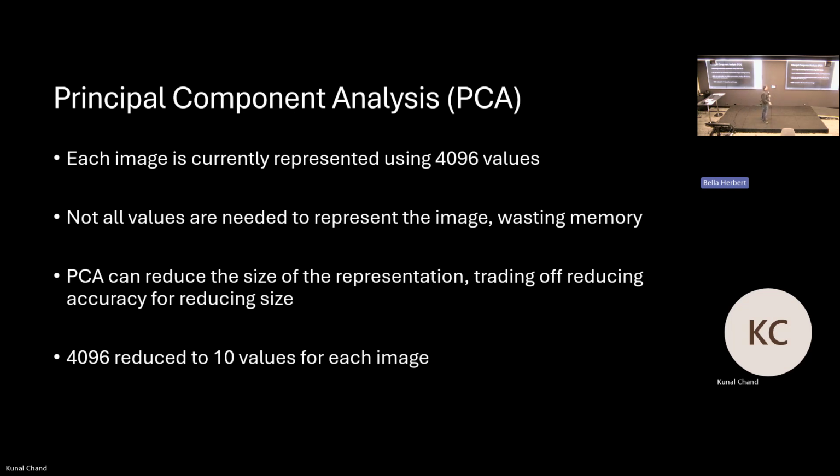So there is a method called principal component analysis. It is essentially a way of reducing the number of dimensions, or the amount of information required to represent a piece of data. In this case, I'm reducing it from 4096 down to just 10 values.